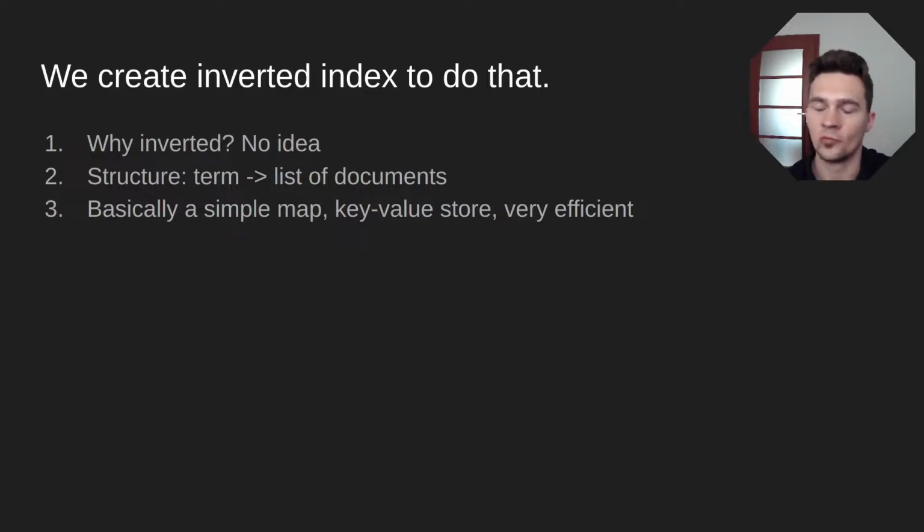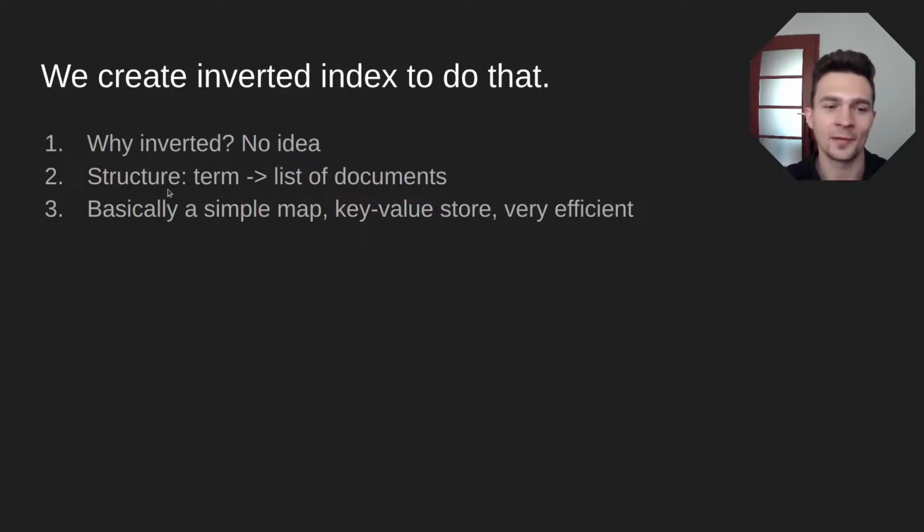And why it is inverted, I have no idea, to be honest, because what we call an index in the database world, for example, is really similar to that, because there you have keys, and with the keys you have associated rows of data, and here it looks really similar, so I have no idea why inverted.